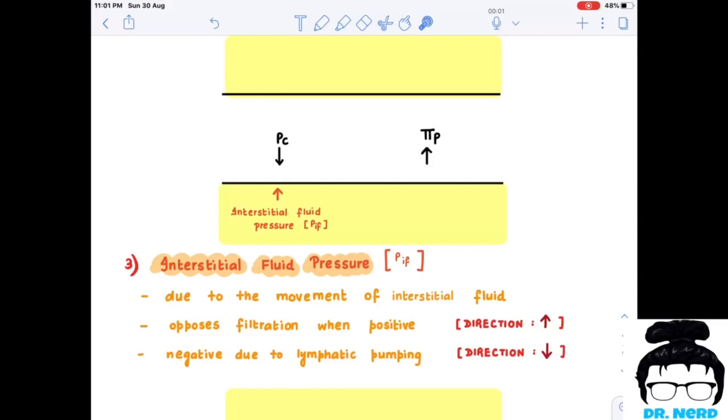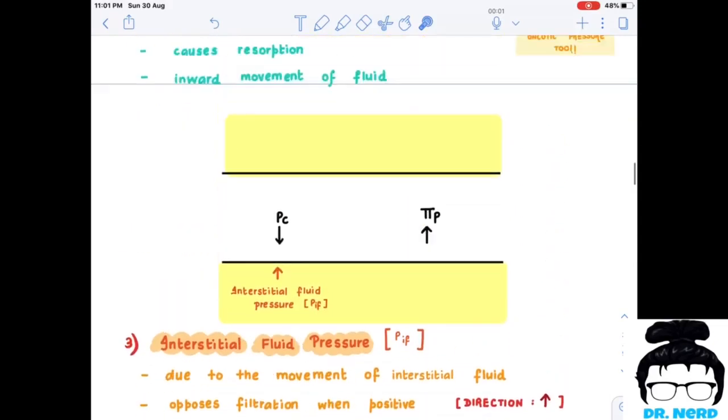If the value of interstitial fluid pressure is positive, it opposes filtration, meaning that it pushes the fluid inside the capillaries. It promotes reabsorption only when the value is positive. So this is the direction when the value of interstitial fluid pressure is positive, which I have written here. Also, the interstitial fluid pressure value can be negative due to lymphatic pumping, and in that case, the direction will be this way.